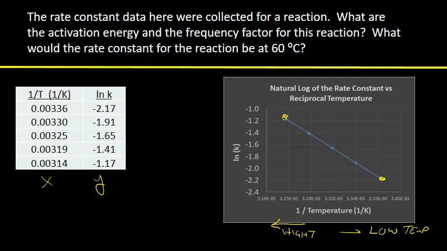Okay. That doesn't matter most of the time, but it's helpful just when you're looking at the graph, because sometimes it can be a little bit weird to see the high temperature values on the left and lower temperature values on the right. All right, so let's go ahead and use this to determine our activation energy and our frequency factor.